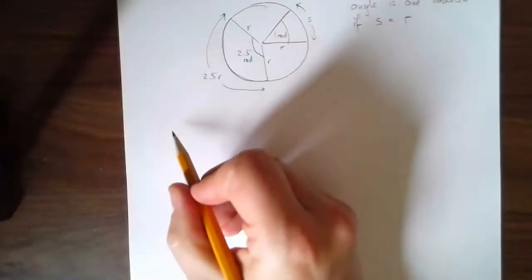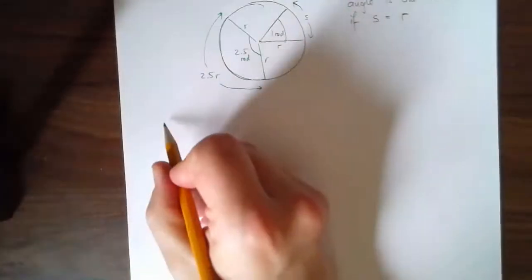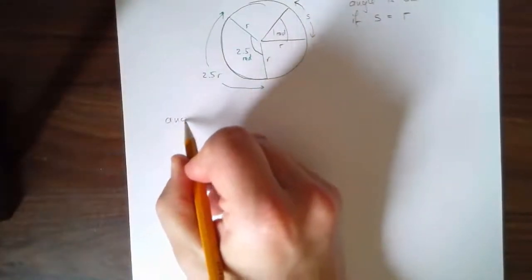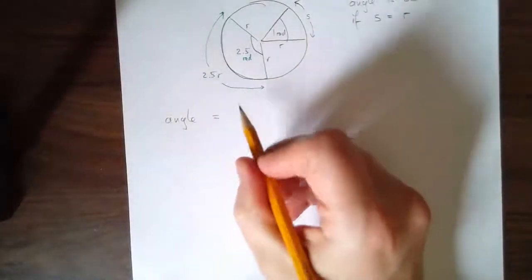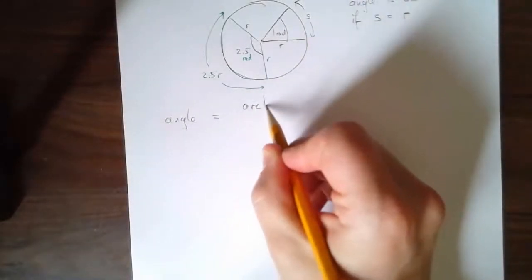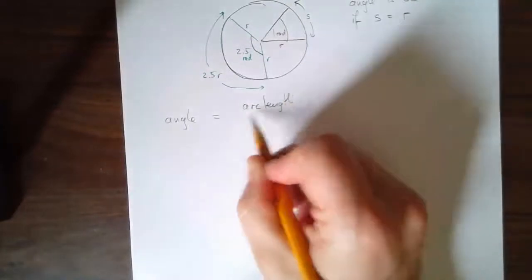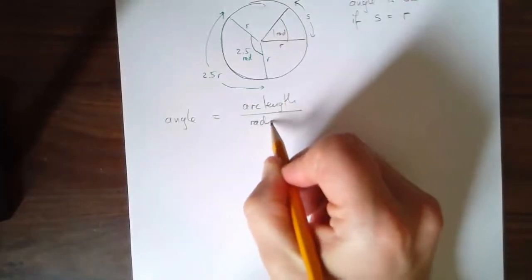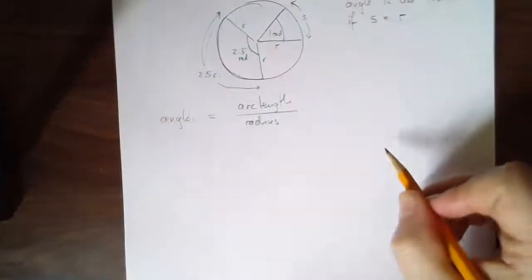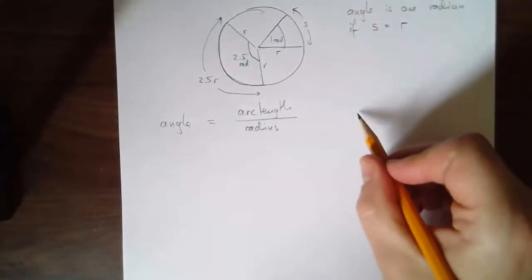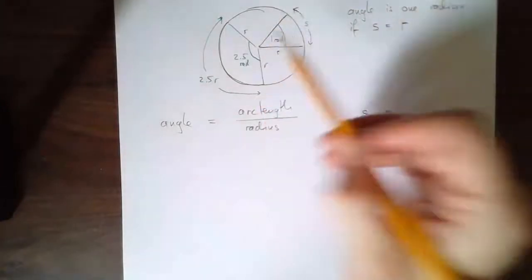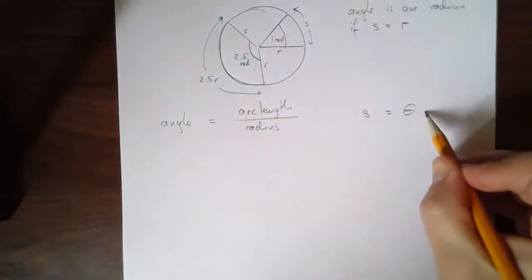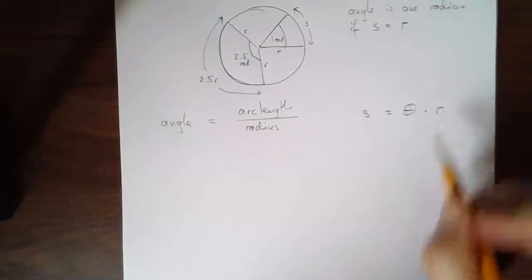So we define angle as the ratio of arc length divided by radius. Or I can rewrite that as S, the arc length, is the angle times r.